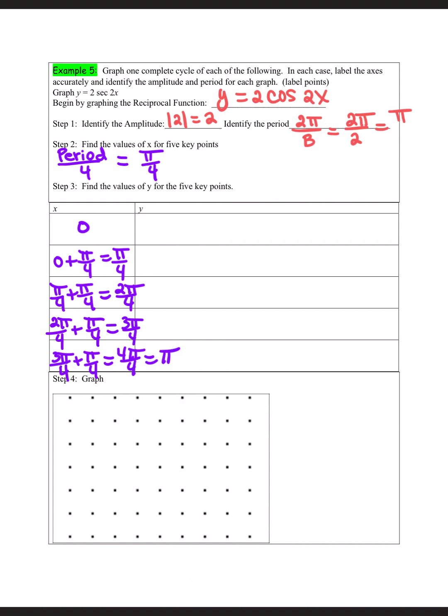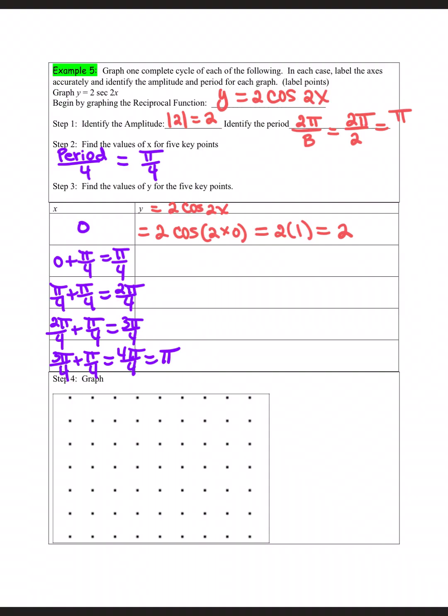So now we're going to substitute it into y equals 2 cosine of 2x. And you can use the concept of my max, min, and my base, or the x-intercept, or you can just punch it in. It says 2 cosine of 2 times 0. Well, 2 cosine of 0, cosine of 0 is 1, and 2 times 1 is 2.